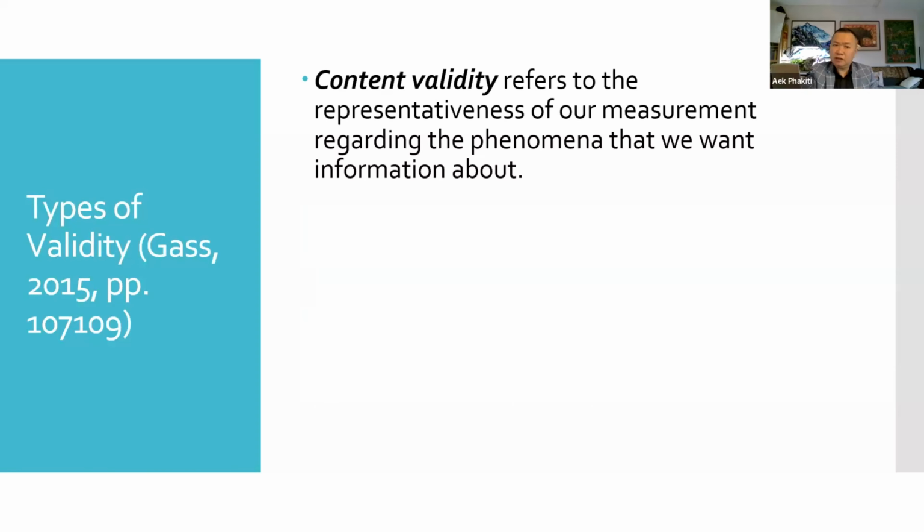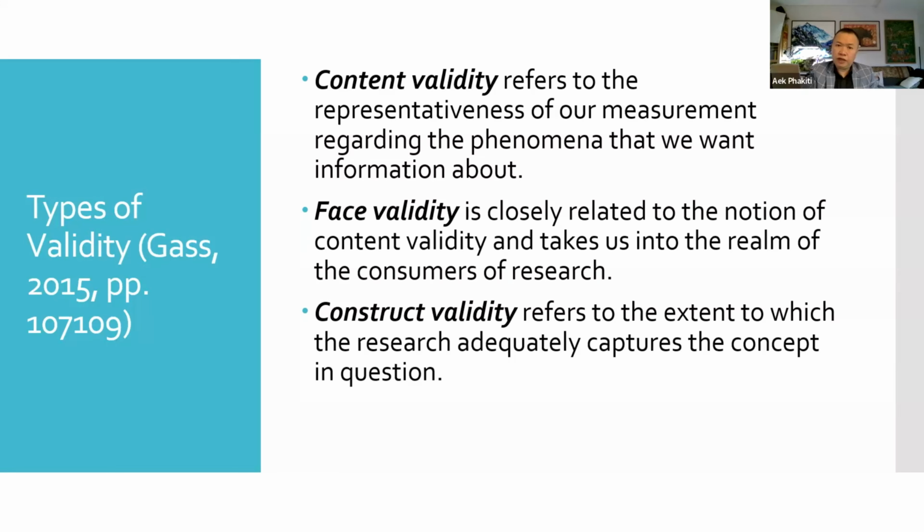So there are so many things that you can talk about, right? We talk about content validity, about the representativeness of your instruments. Face validity is to do with the fact that your instrument looks like it assesses the target constructs.